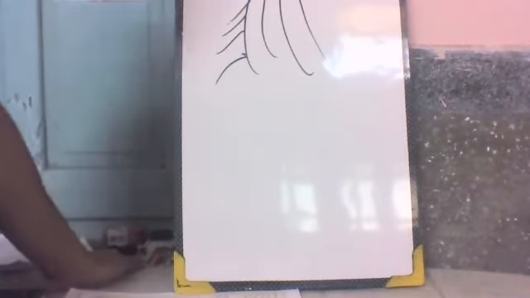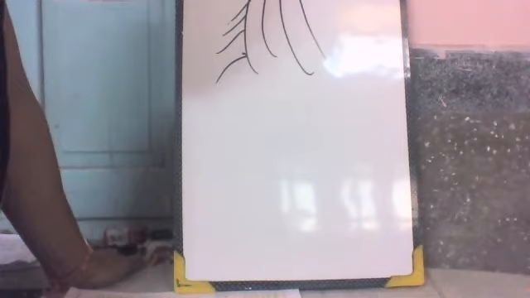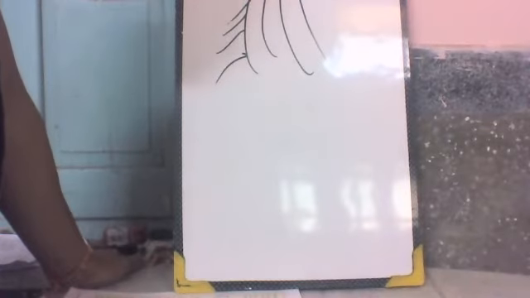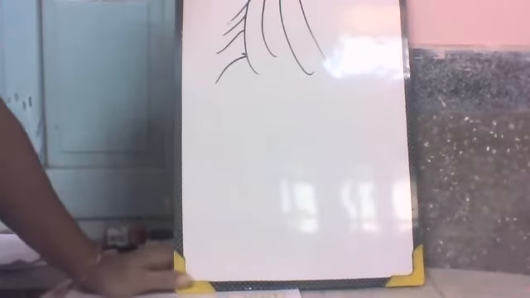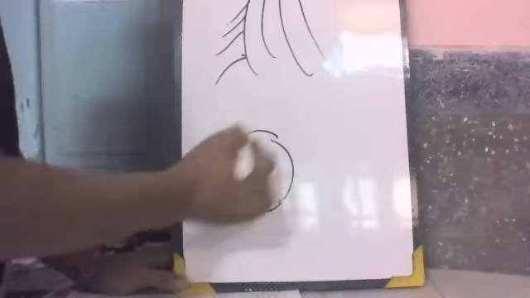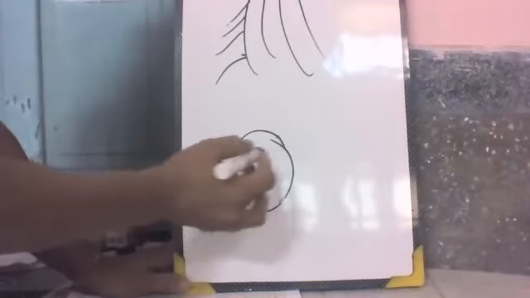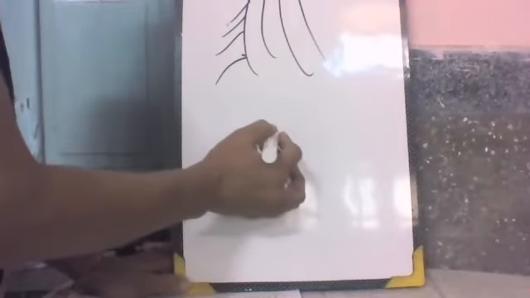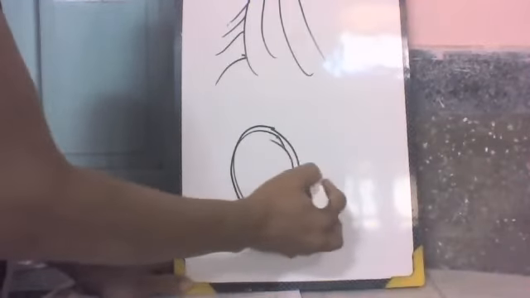The cell wall is said to be freely permeable. It means it allows all substances to pass through it. The cell membrane is semi-permeable. There is a cell, and this cell has a cell wall. The cell wall is freely permeable, meaning it allows all substances to pass through it.